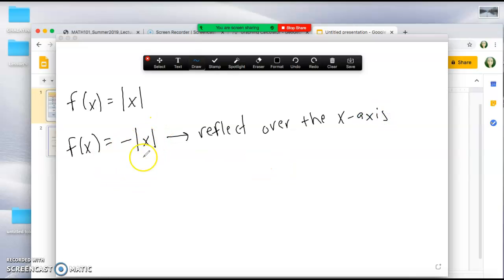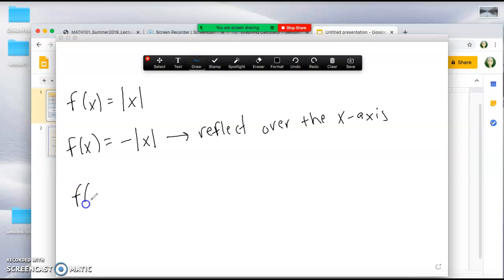You're taking a positive value and multiplying it by a negative, so you're changing the sign, meaning you're reflecting over the x-axis.